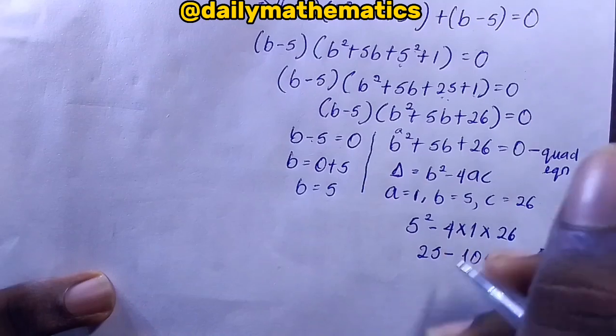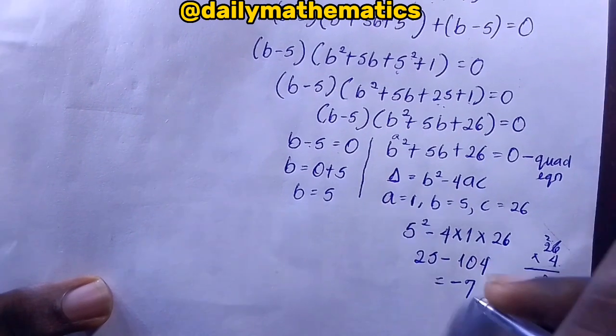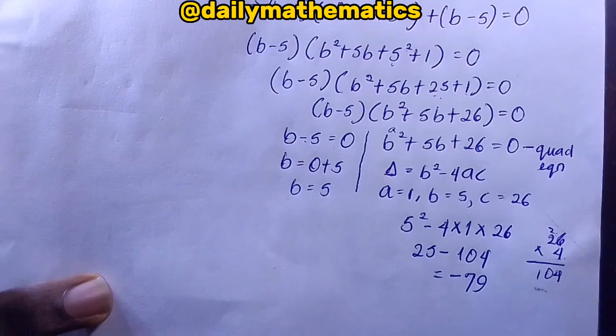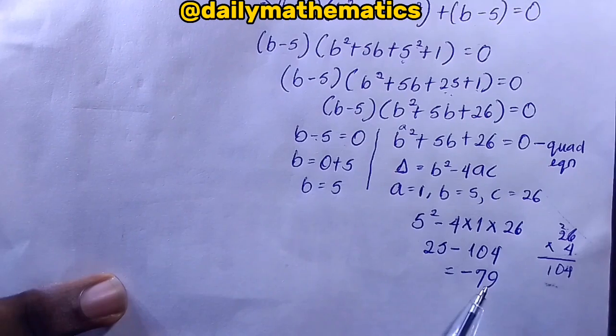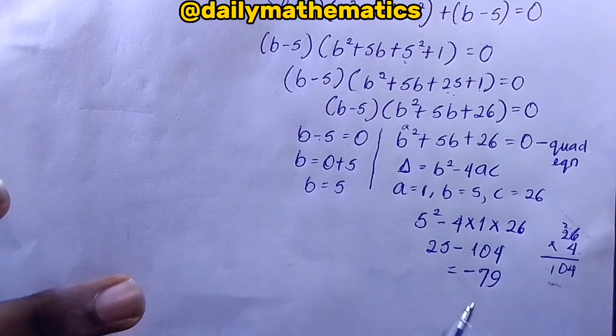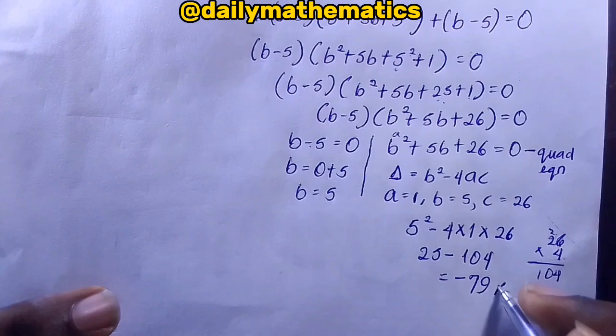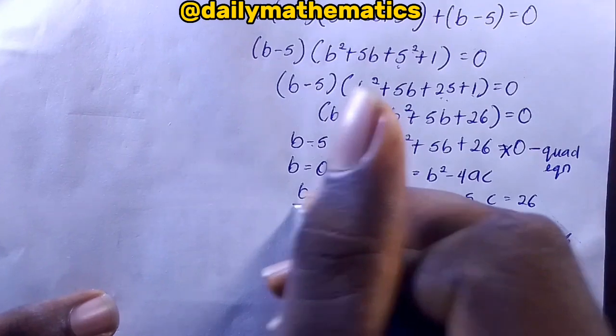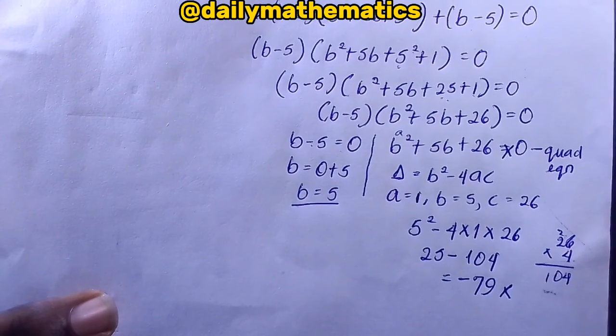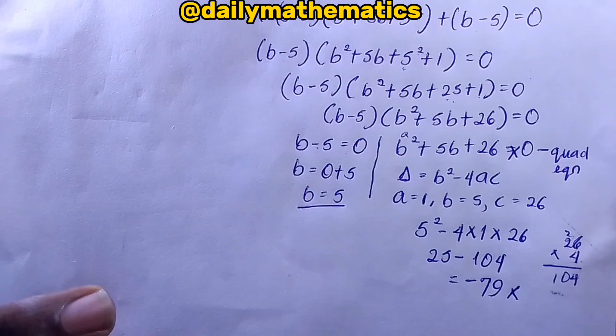So 25 minus 104 gives us minus 79. It means it is not a real number, since the discriminant is not positive. So we can't use this equation, and we have b equals 5. So our answer is b equals 5.